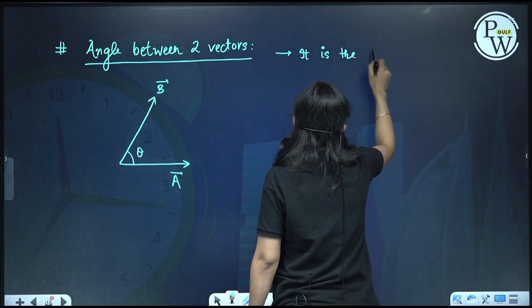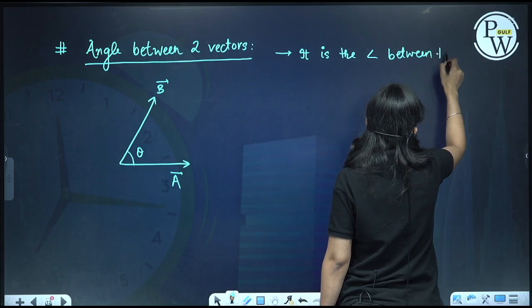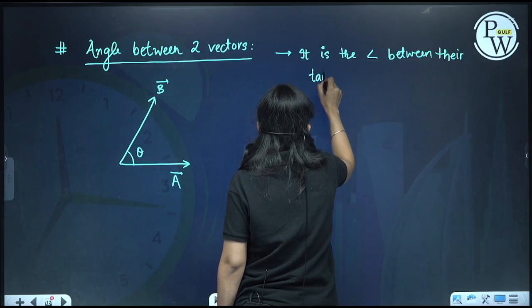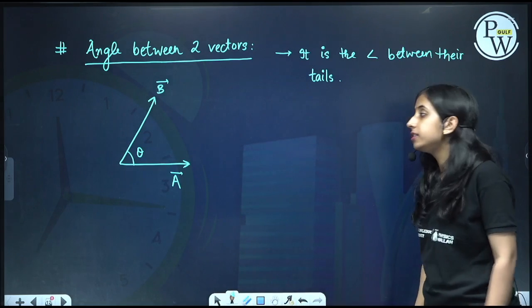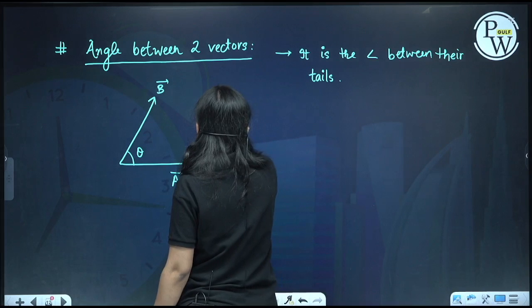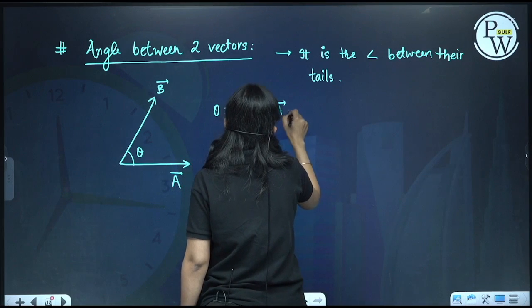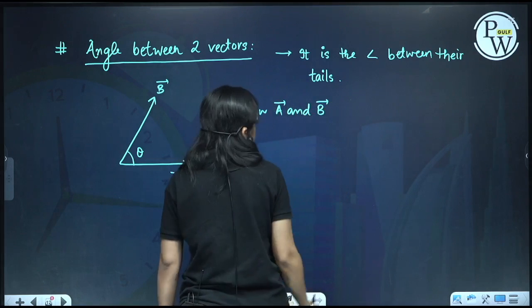It is the angle between their tails. So here, theta will be the angle between A vector and B vector.